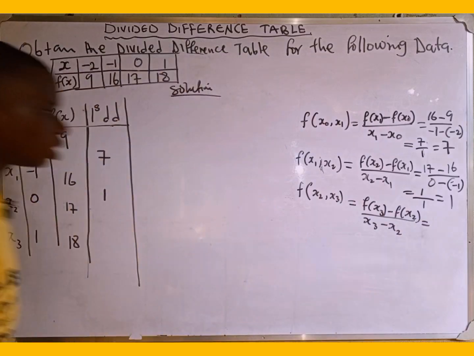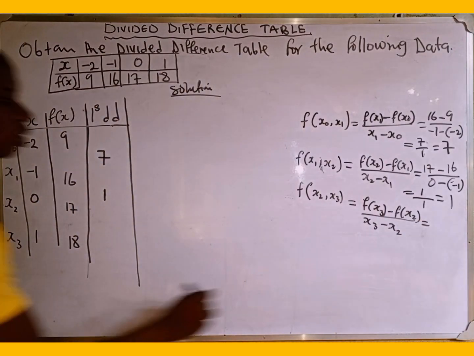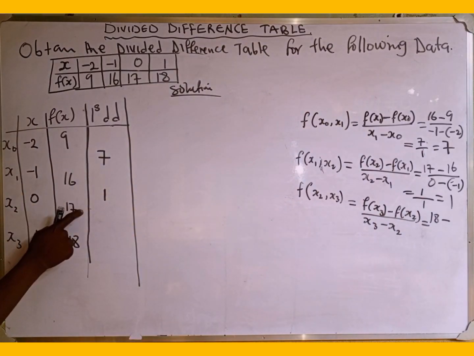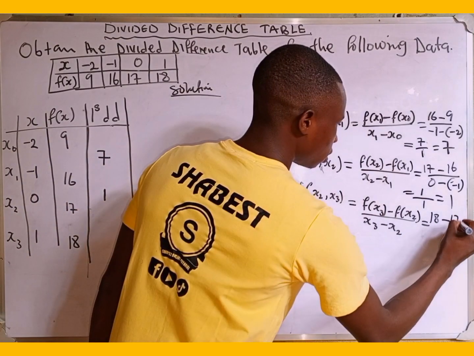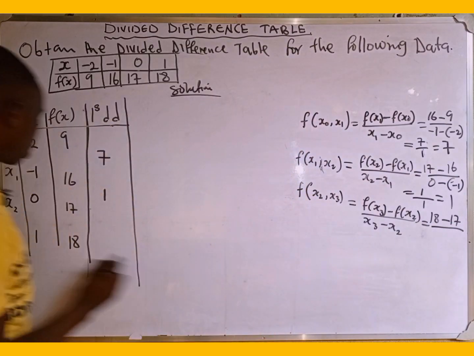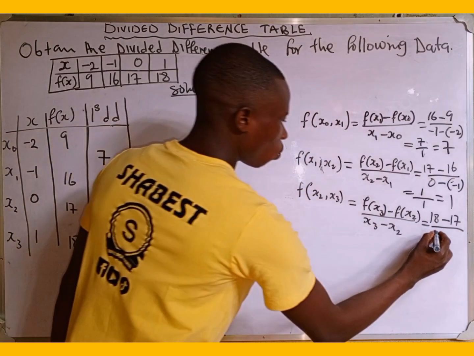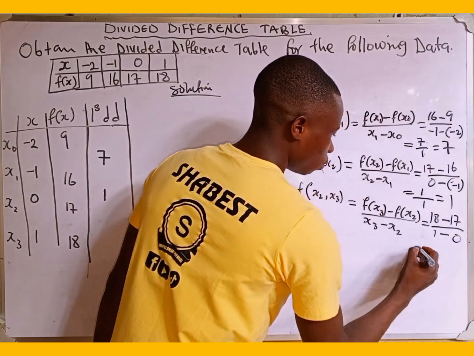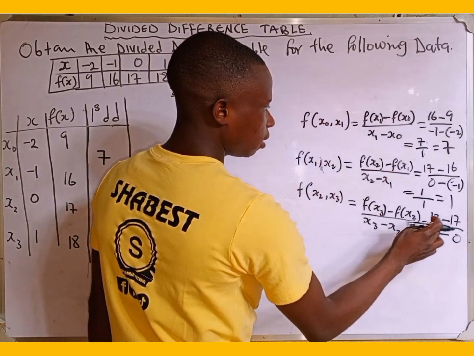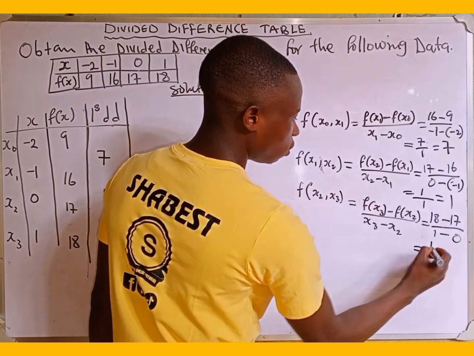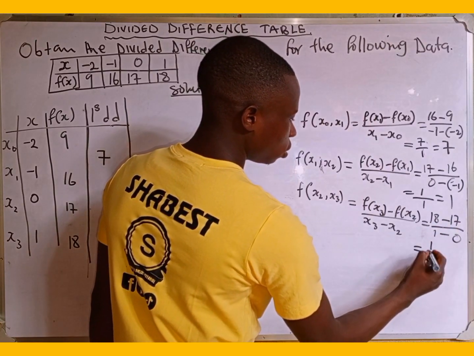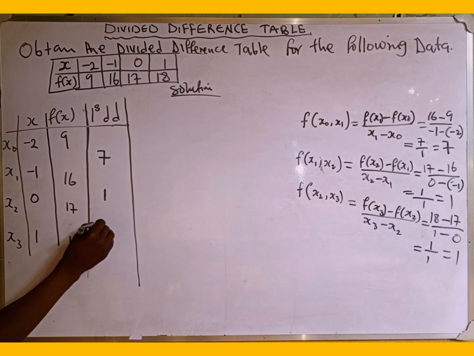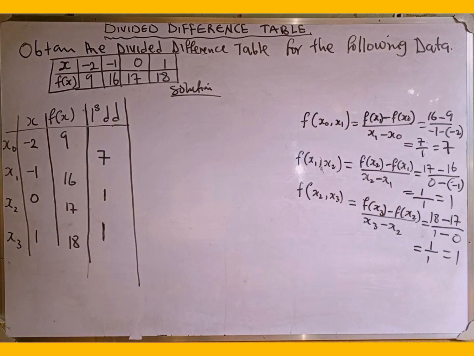F of x3 is 18, then minus f of x2, which is 17, then divided by x3, which is 1, minus x2, which is 0. 18 minus 17 is going to give us 1. Then 1 minus 0 is 1, which gives us 1. So therefore, in between 17 and 18 is also 1.